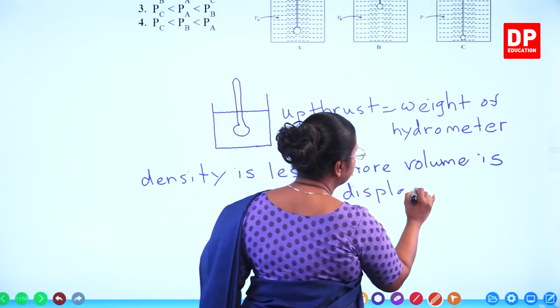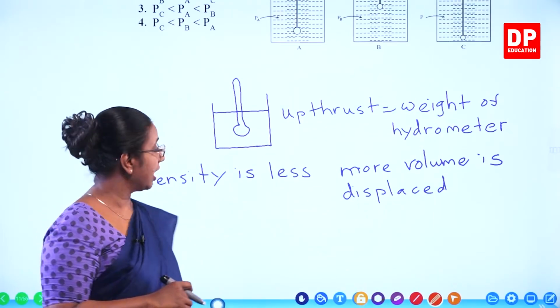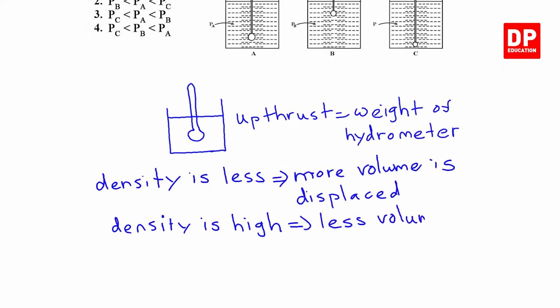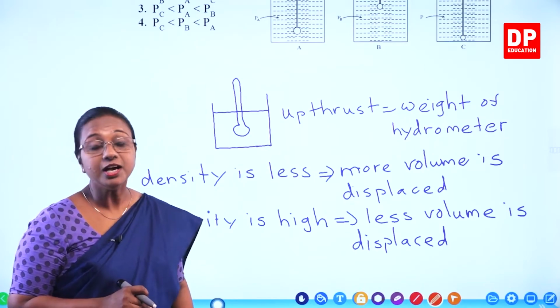Then only can it easily exert the upthrust equal to the weight of the hydrometer. But if density is high, then of course less volume is displaced, so that it can exert an upthrust that is equal to the weight of the hydrometer.